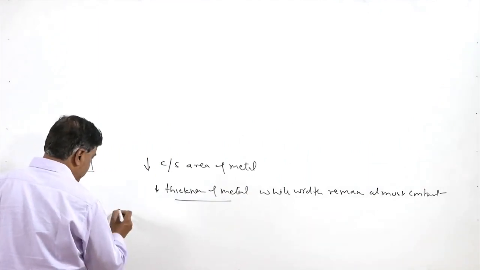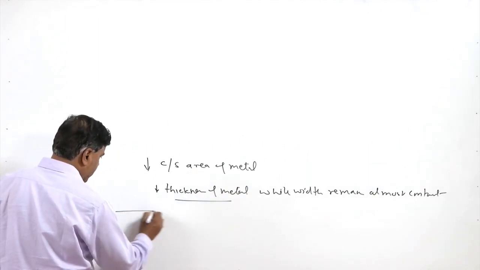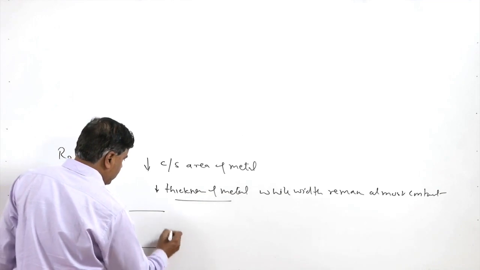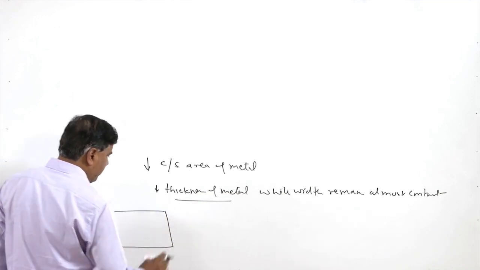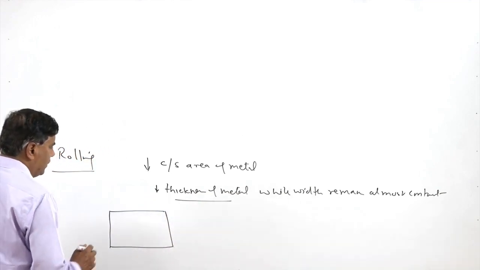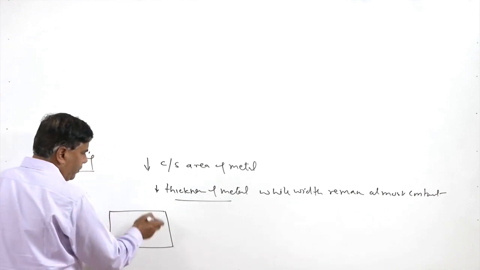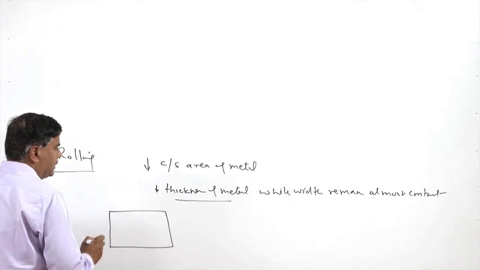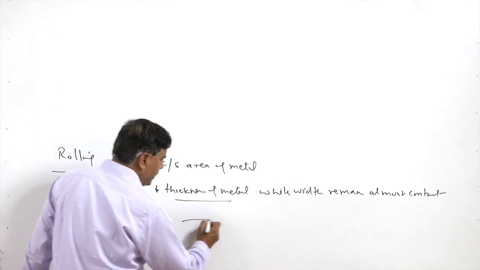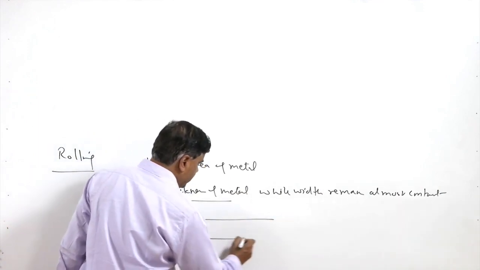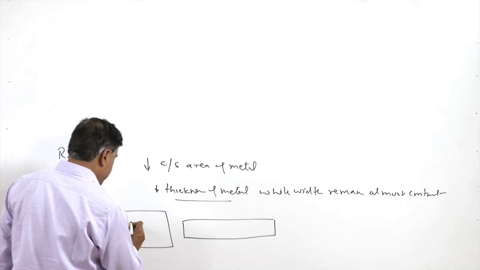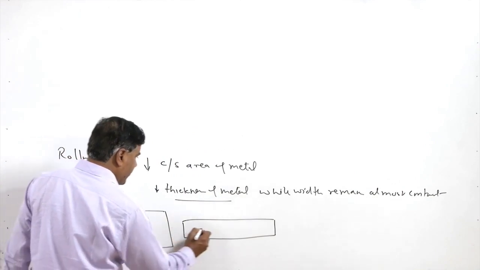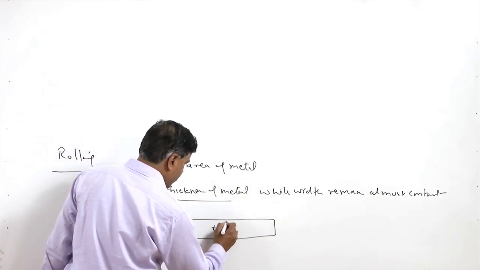Say, if we see this is the plate before the rolling, then after the rolling its thickness is reduced significantly, like T naught and Tf.